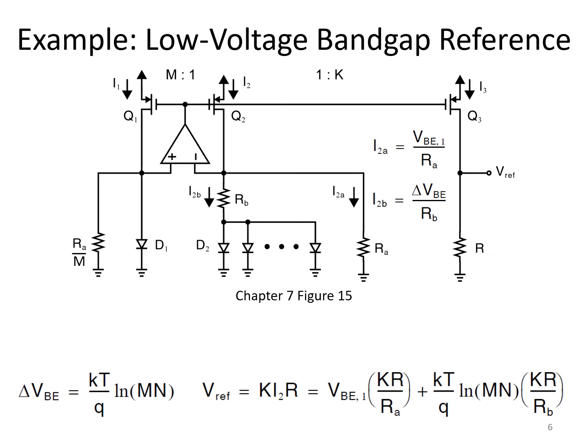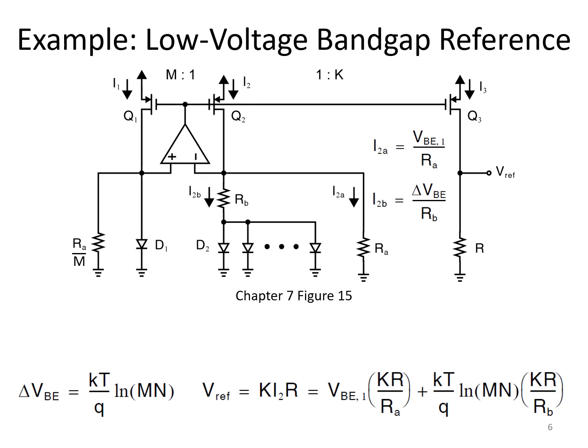So here's an example bandgap voltage reference circuit that can operate from a low supply voltage of 1 volt or even less. To understand how this applies the bandgap voltage principle that we described in the last slide, let's start from the top.